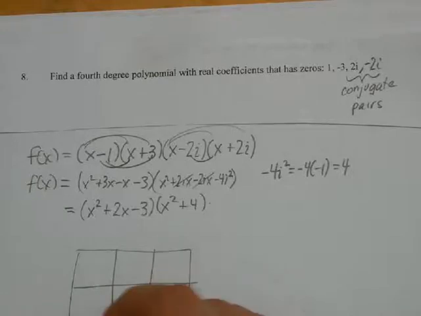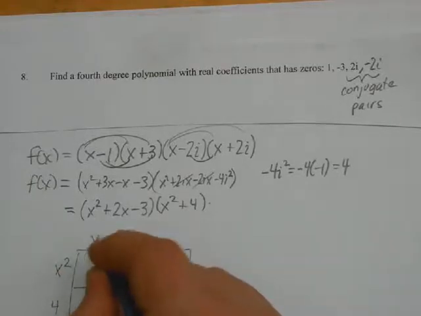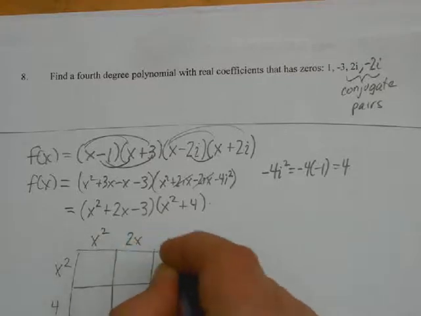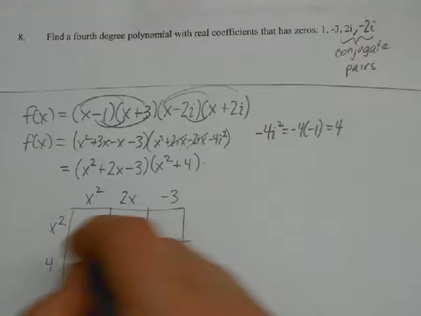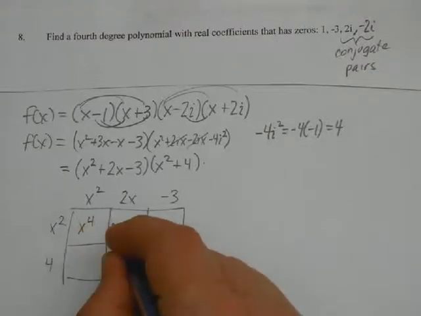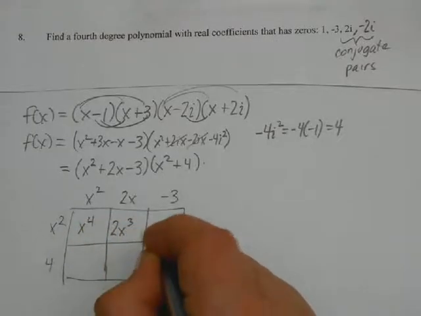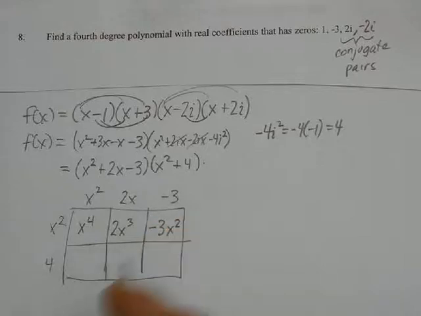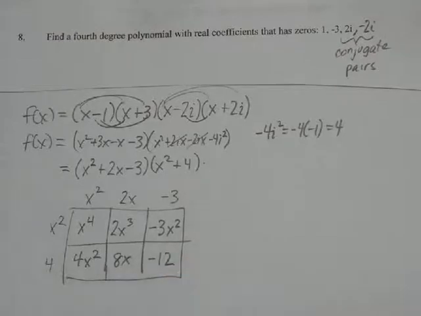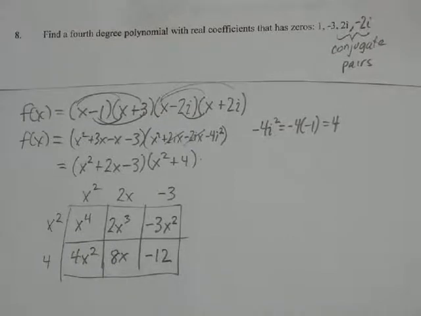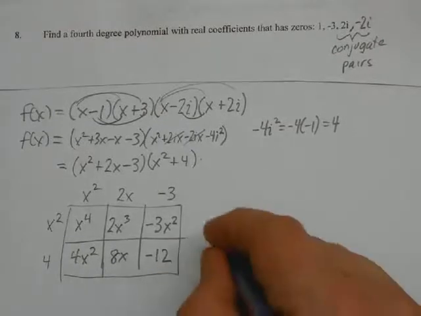So to multiply them, one option is to make the rectangle. Go ahead and fill in the products. And then we'll write our answer, combining like terms.